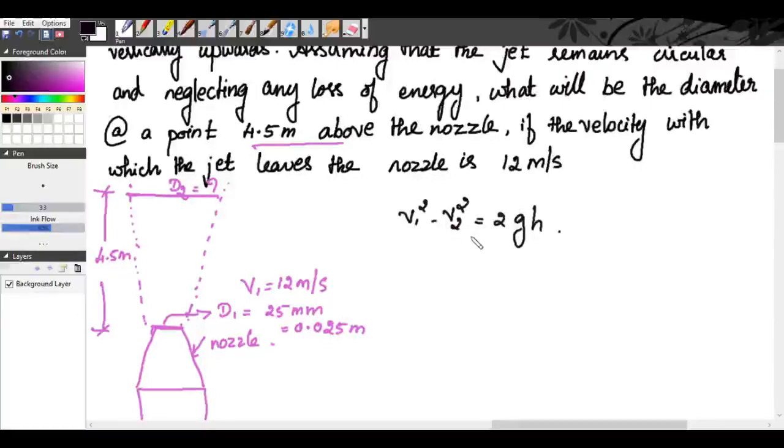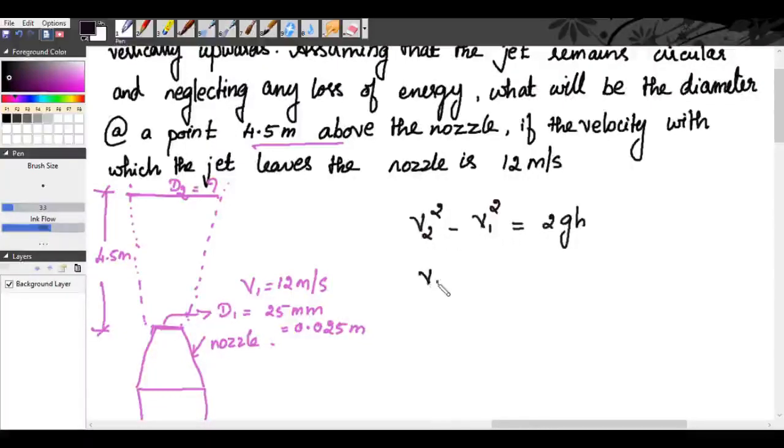Sorry, it is not V1 square minus V2 square. It is V2 square minus V1 square, right? So that is V square minus U square is equal to 2GH, that is second velocity minus the first velocity.